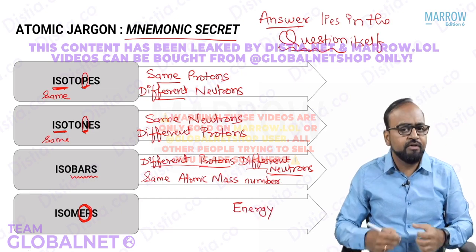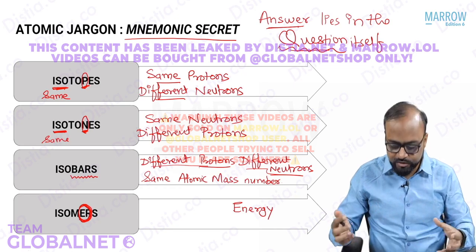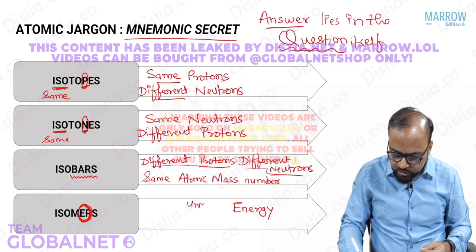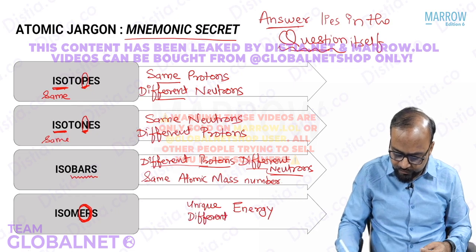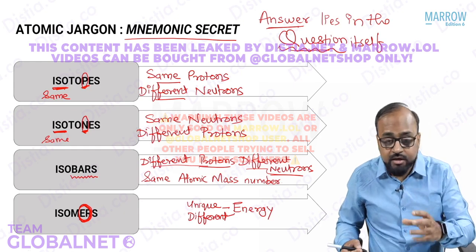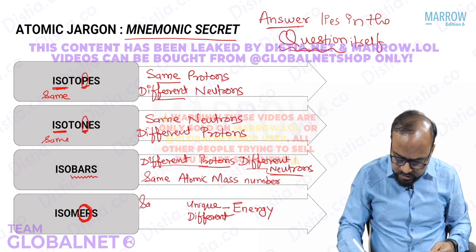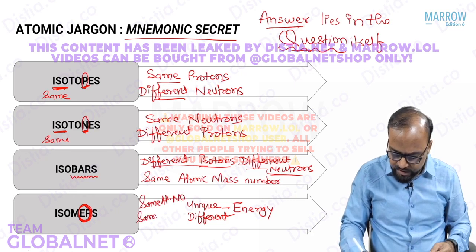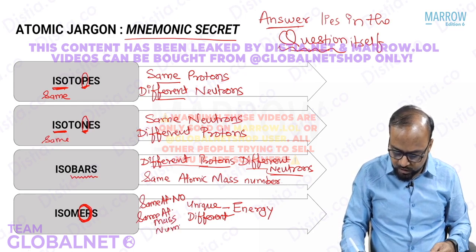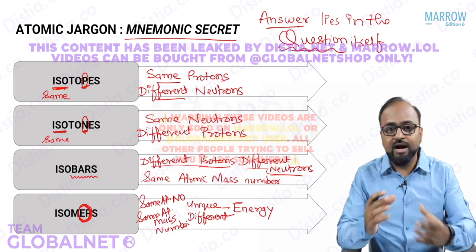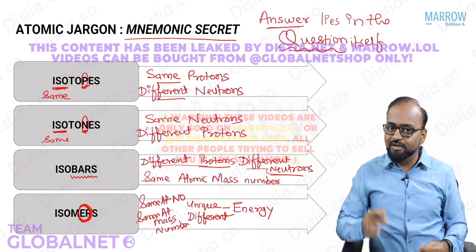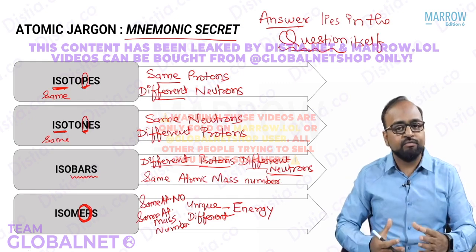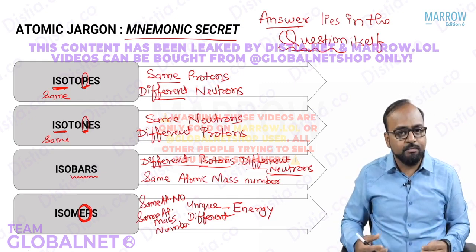And remember that they have different or unique nuclear energies in spite of having the same atomic number and the same atomic mass number. So what are isomers? E and R stand for energy. So remember, they have different or unique nuclear energies in spite of having the same atomic number and atomic mass number.